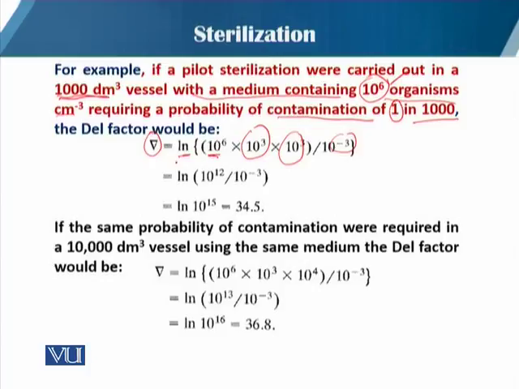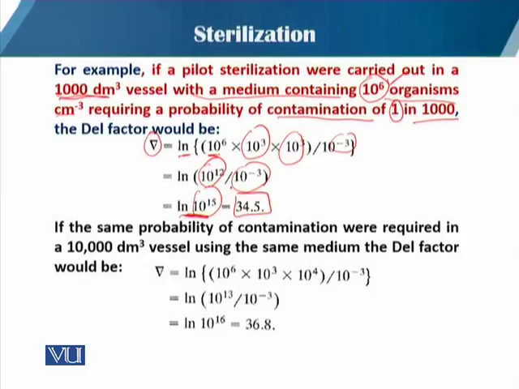According to the logarithm theory, 10 raised to power 6, 6 and 3, 9, 9 and 3, 12, so this is 10 raised to power 15. So ln of 10 raised to power 15; the natural log of 10 is 2.3, and the answer is 34.5.